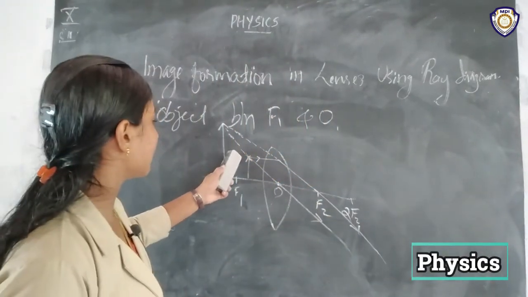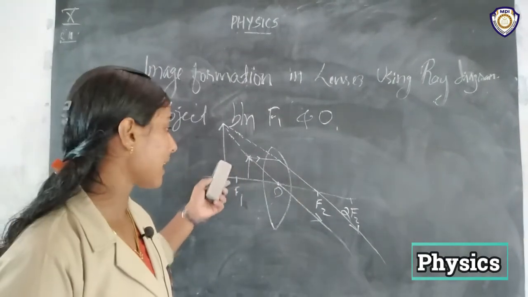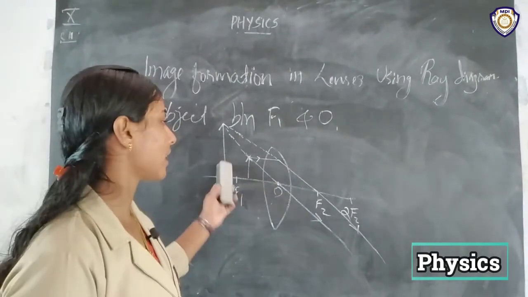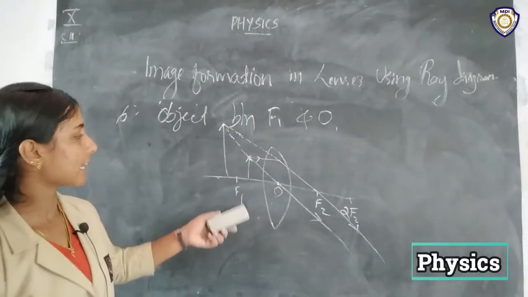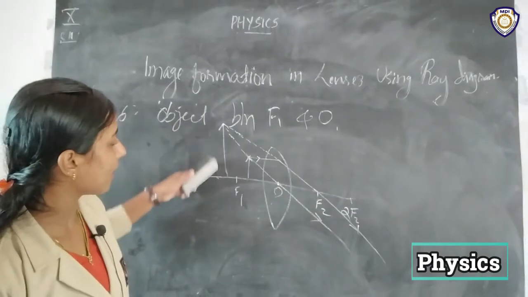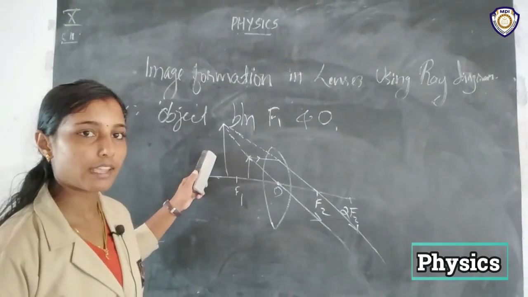That is, the object and image are on the same side of the lens, right? Okay, so it will be a virtual and erect image, and it is enlarged in size compared to the object; it is highly enlarged, right?